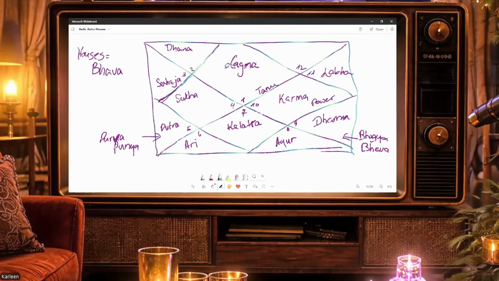And the sign of the house or the Rashi, I'll write that over here. Rashi equals sign, is what lets you know roughly where those gains will come in or how or through. And so it's interesting because in tropical astrology we don't really look at elder siblings, but they're placed in Vedic astrology here in the 11th house.